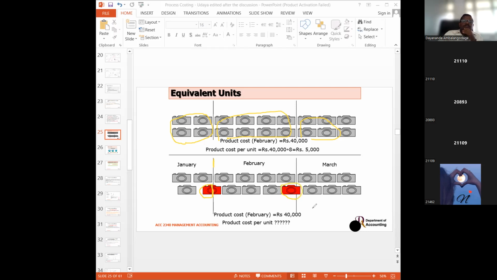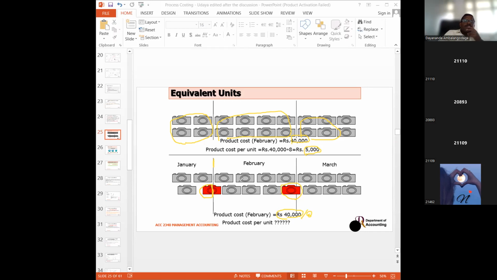in February also. The fundamental question here is, suppose the February cost is 40,000, and very simply 1, 2, 3, 4, 5, 6 cameras were really produced and completed. All cameras are at one standard, with an equal amount of resources consumed. So with a simple average, the average cost per unit can be calculated. Very simple. But here, even though you focus on 6 cameras, with one opening and one closing WIP, how can you divide by 8?